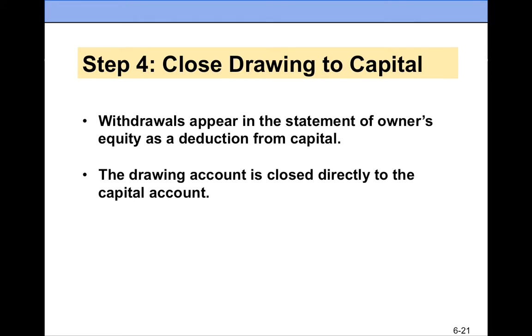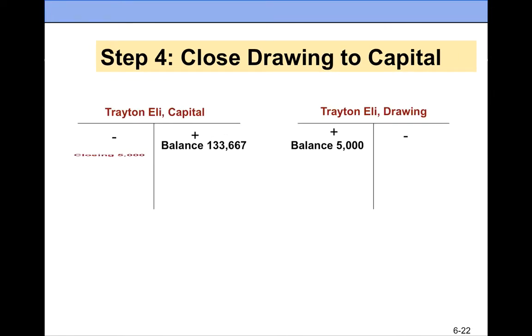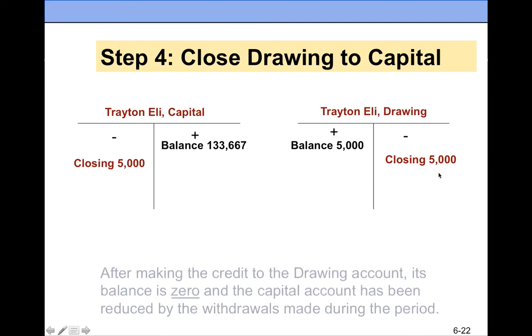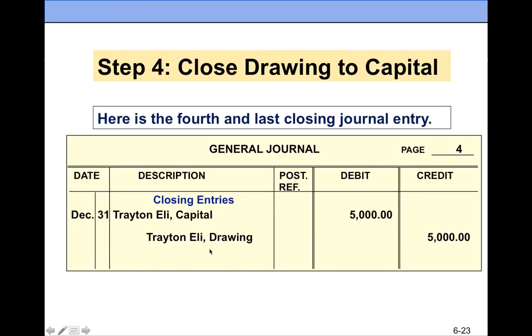Drawing has a normal debit balance, so we're gonna credit the drawing account to make it zero, and we're gonna debit capital because drawing decreases our capital account. So debit capital goes down, credit drawing goes down, makes it zero, and this is the last journal transaction.